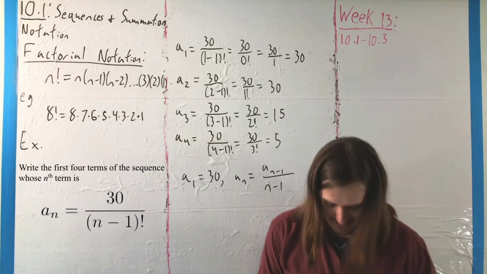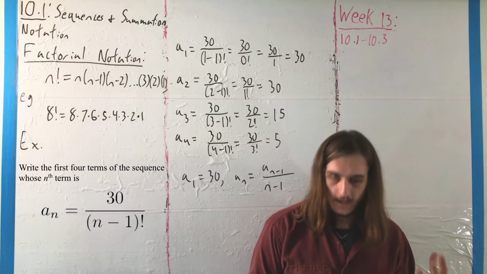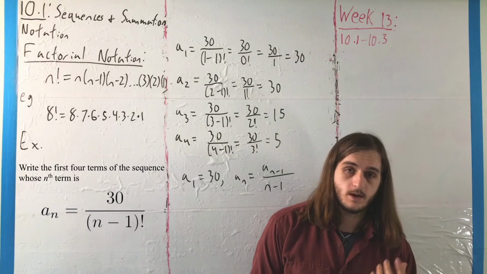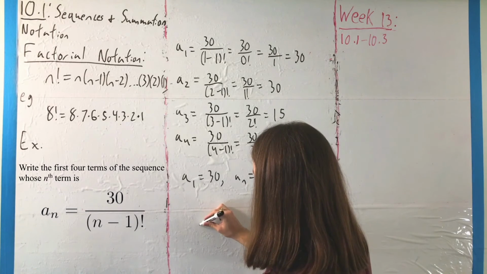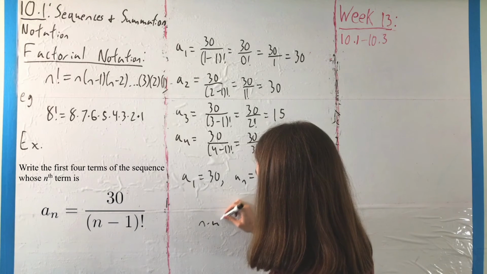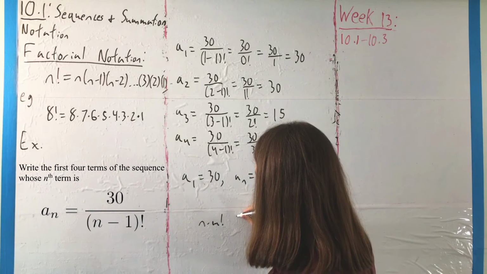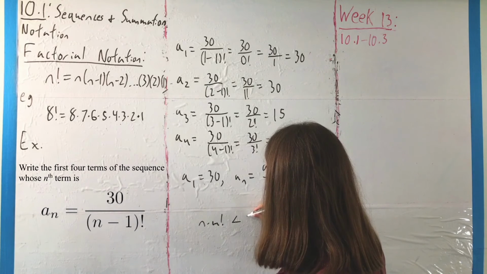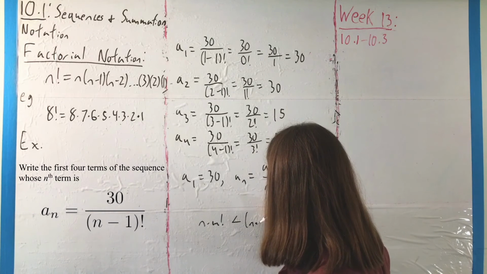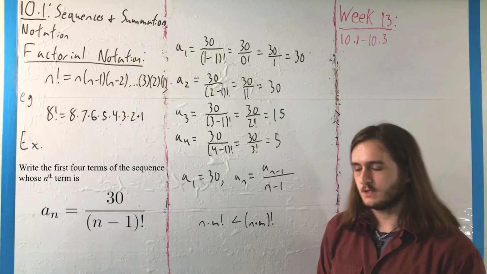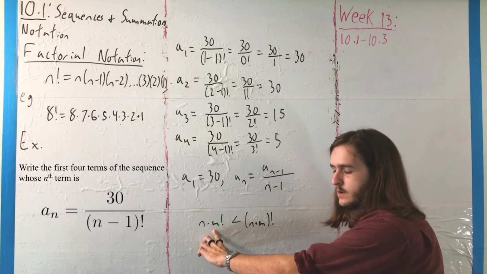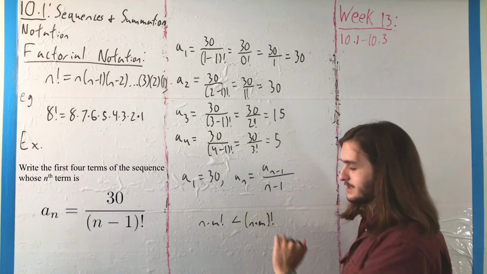But anyway, from here, it is important to note that we're dealing with factorials. The value n times m factorial is generally much smaller than the quantity n times m, all factorial. So for example, if you take something like 3 times 2 factorial, that would be 3 times 2, or 6.